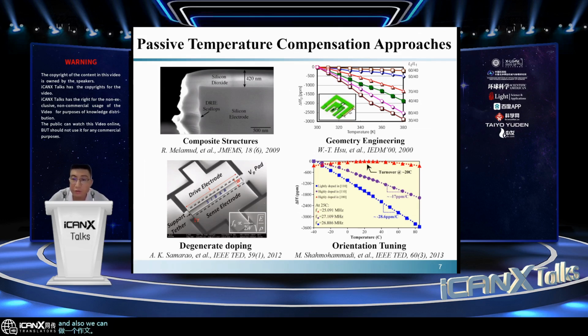And also we can use geometric engineering to use the external thermal stress to compensate the modulus change caused by temperature. We can also use degenerate doping or rotation tuning. In our work, we combine these approaches to make the resonator have a better TCF.